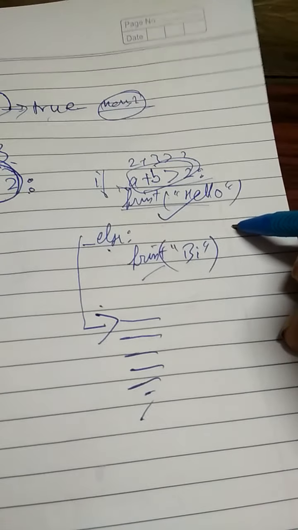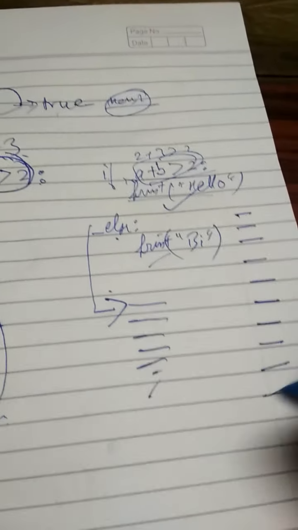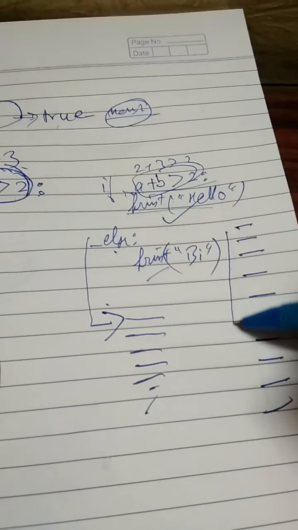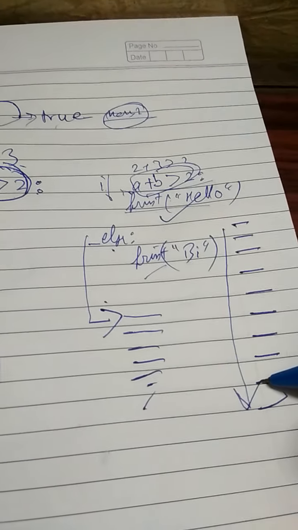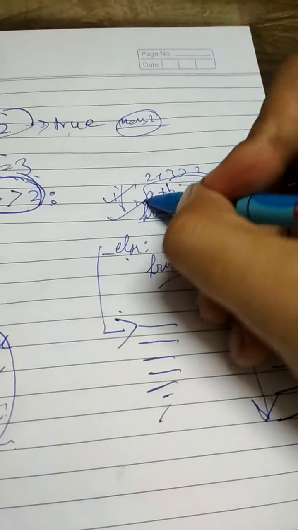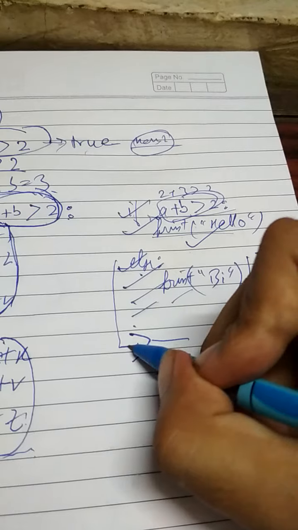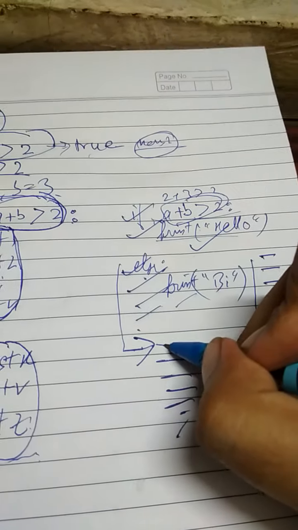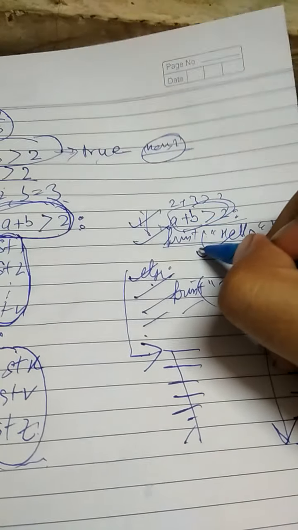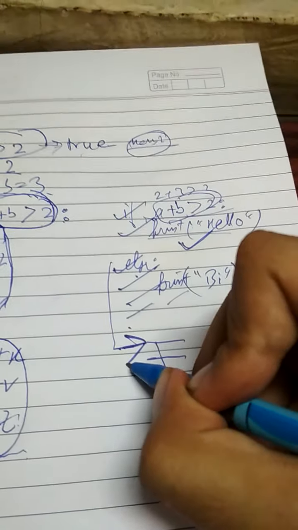How are statements executed? Statements are executed in a sequence: first statement, second, third, fourth, fifth, sixth, seventh, eighth, ninth, 10. So first we have this statement, then this, then this, then there will be something inside this, and then outside of this else we have these statements. So it will print this statement and then skip this block and start from the next statement after this.